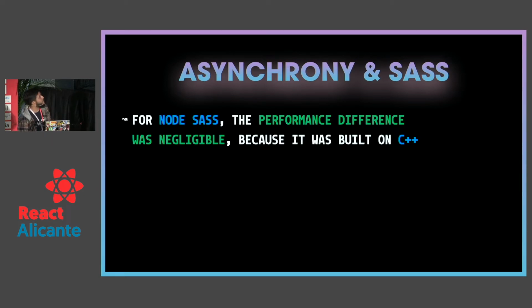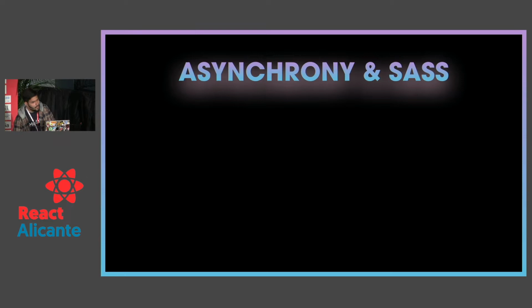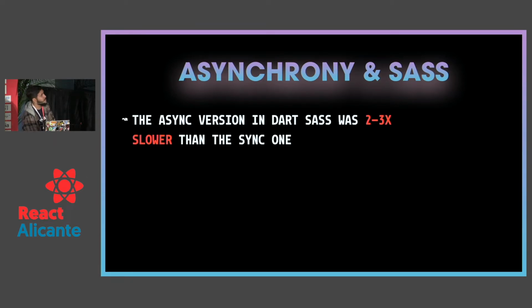For Node SASS, you couldn't tell a difference because everything in the end was running on C++. But for Dart SASS, because it was running in the end as pure JavaScript, it was also subject to the JavaScript rules and limitations of asynchronicity. And what happened in the end is not only the async version was slower, but it was like 2 to 3 times slower than the sync version.